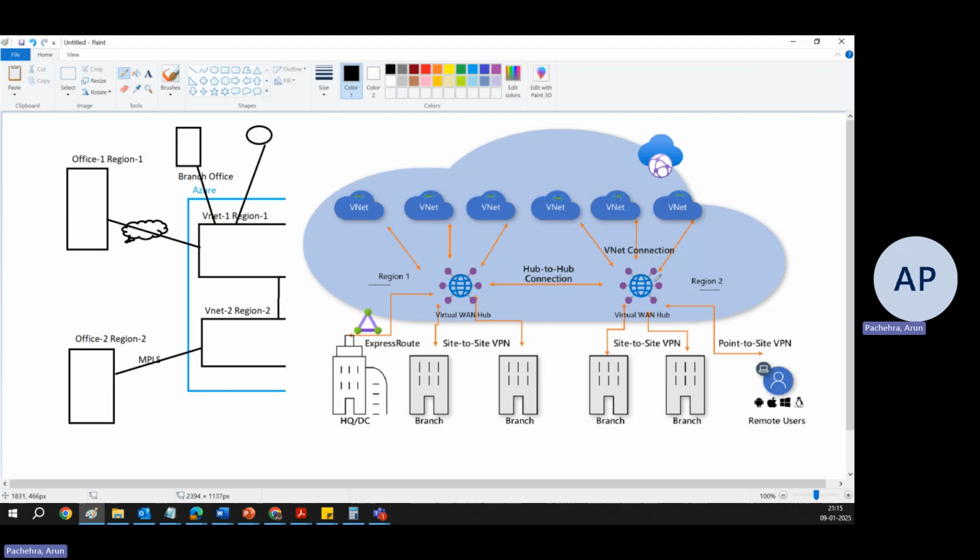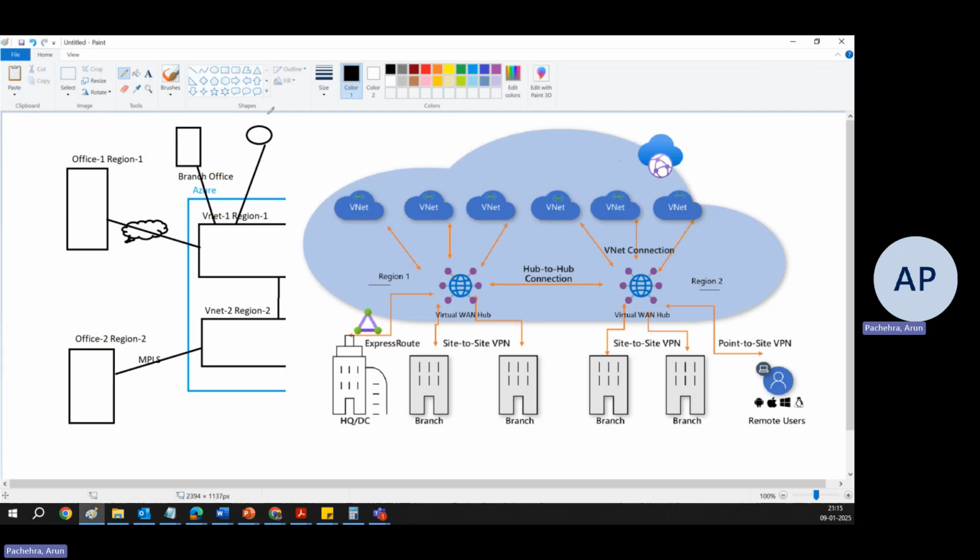And since it is unified, it also has integrated security, with built-in features like Azure Firewall and support for third-party security providers, ensuring consistent and robust protection across all branch connections. So by addressing these challenges, Azure Virtual WAN becomes the ideal solution for simplifying, securing, and enhancing the performance of the global enterprise network. Right.